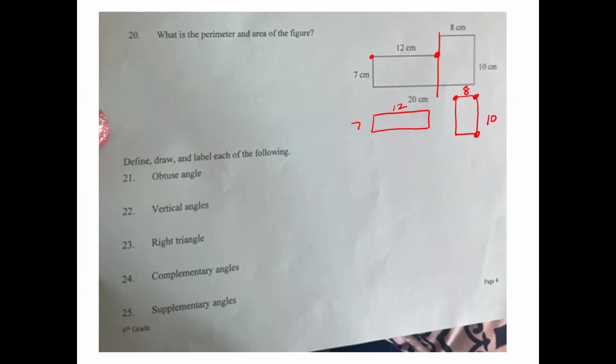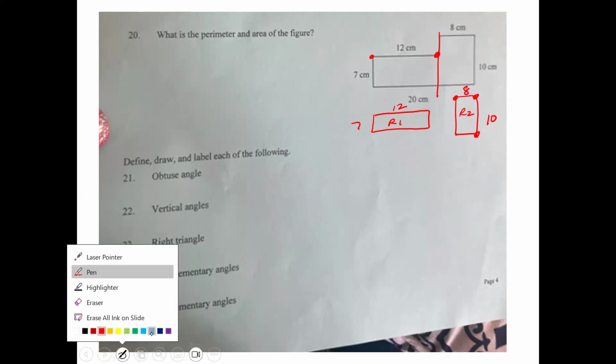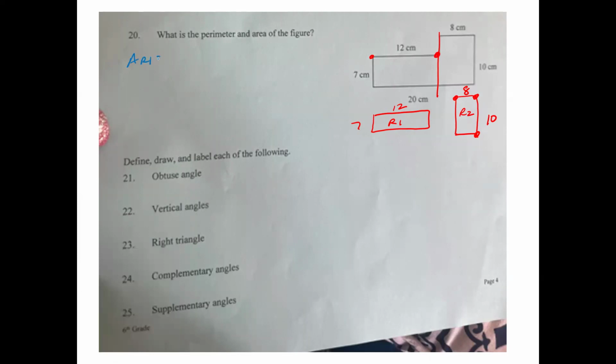All right, so let's find the 2 rectangles. Rectangle 1, rectangle 2. Do you see how I label that? What is the area of rectangle 1? Isn't that 7 times 12? So what is it?